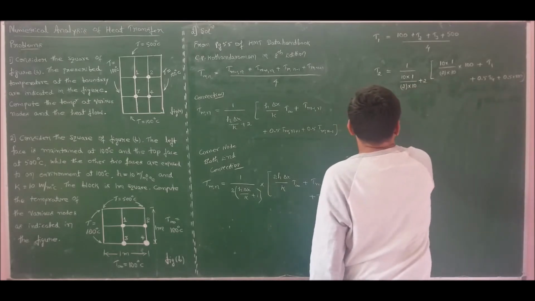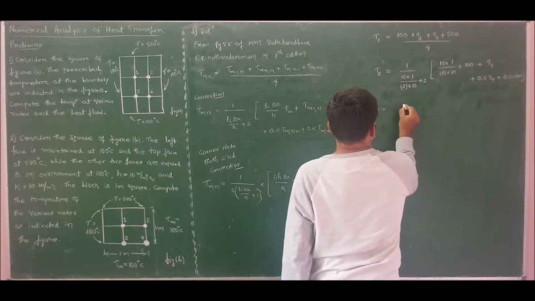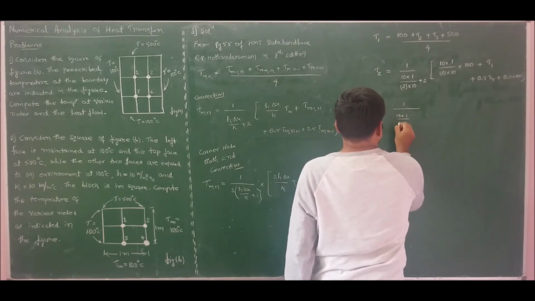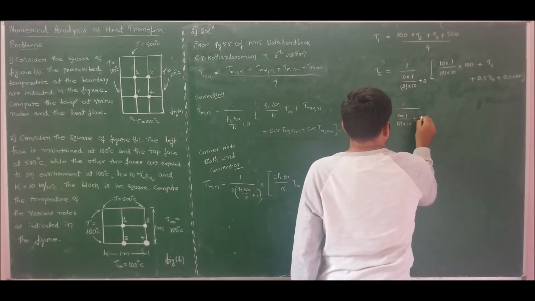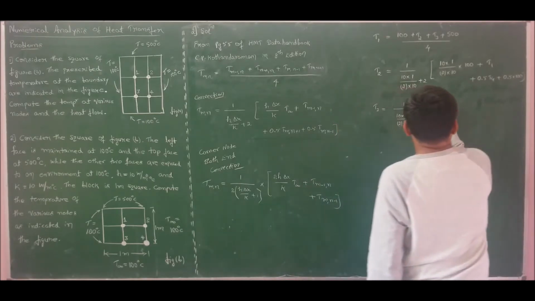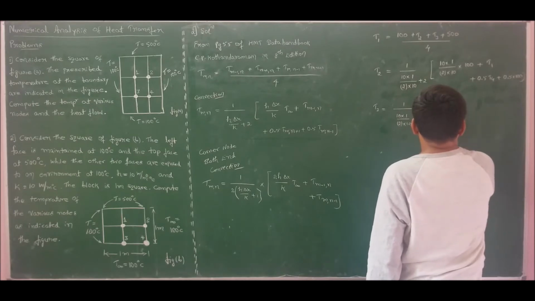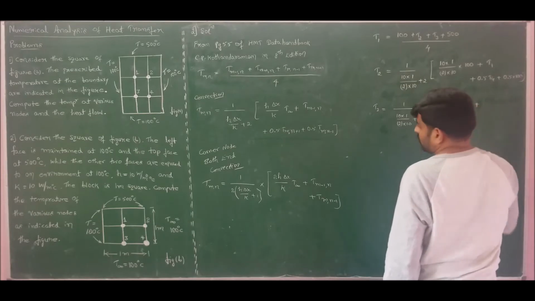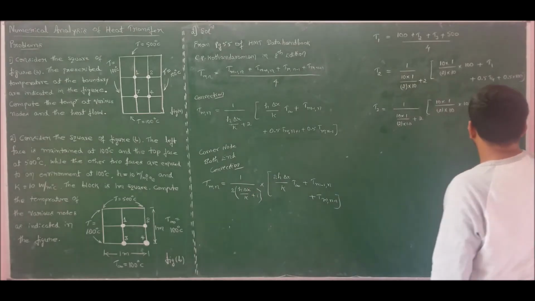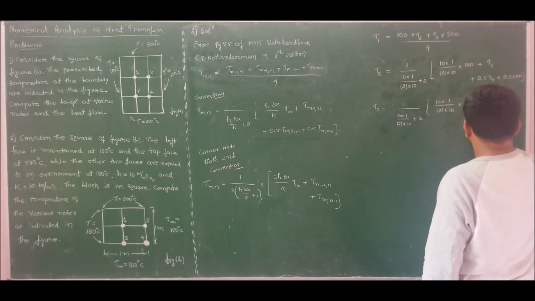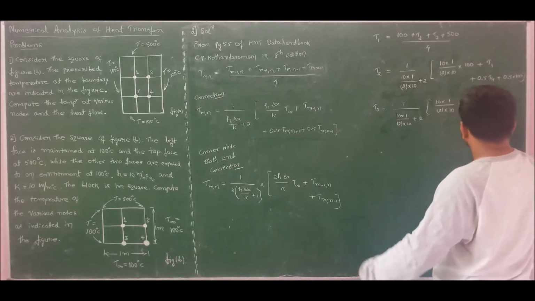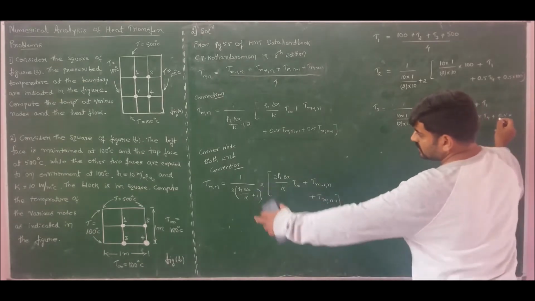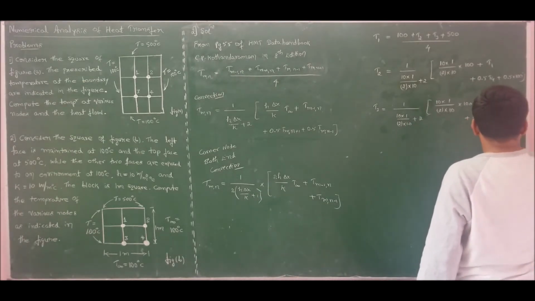Similarly, if I write for T3, I get T3 as 1 divided by (10 times 1 by 2 divided by 10, plus 2), times (1 by 2 into 100 plus T1 plus 0.5 times T4 plus 0.5 times the face temperature, which is 100).